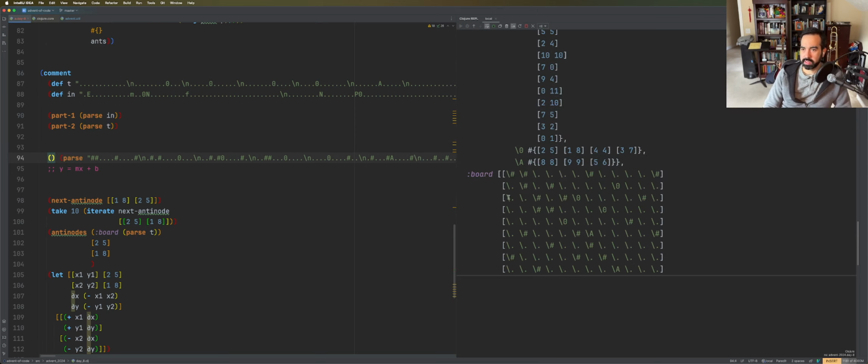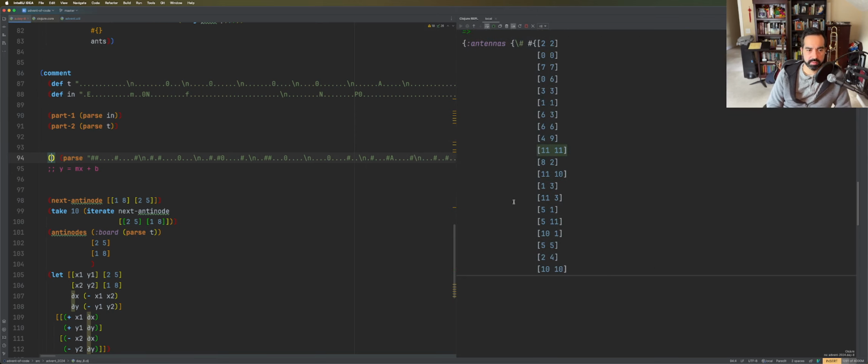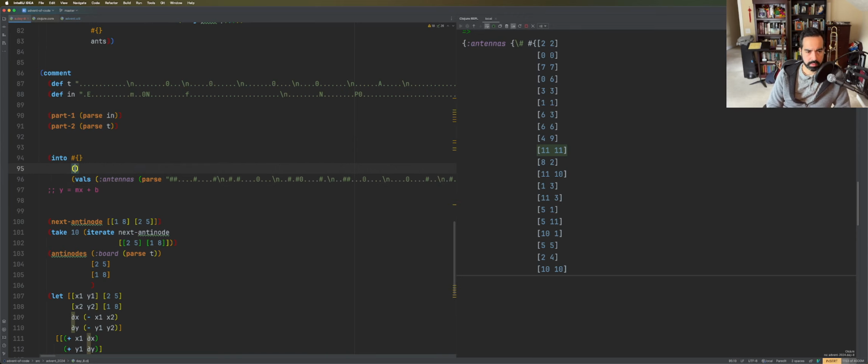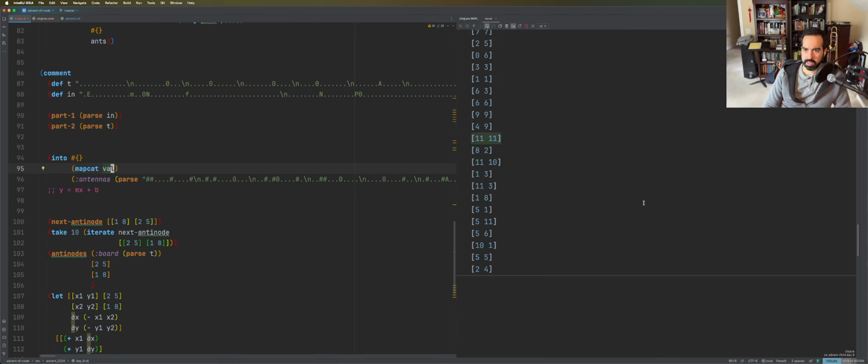But then we're gonna get the antennas from that, vals from that, and into a set. Look, we could probably do mapcat val. Okay, now we have a set of all of them, right?